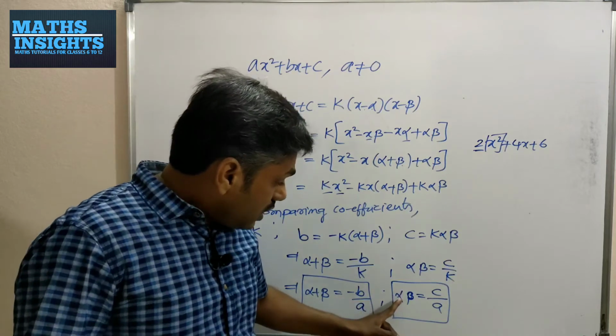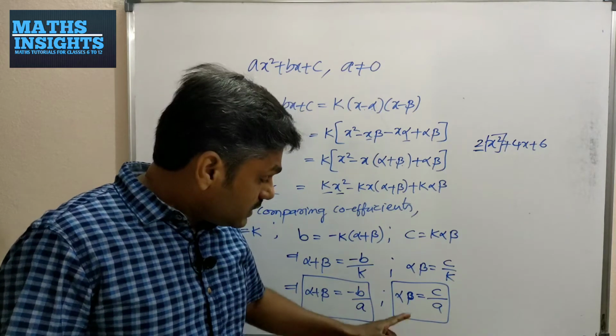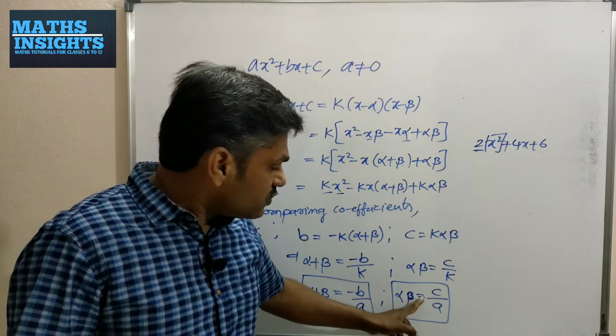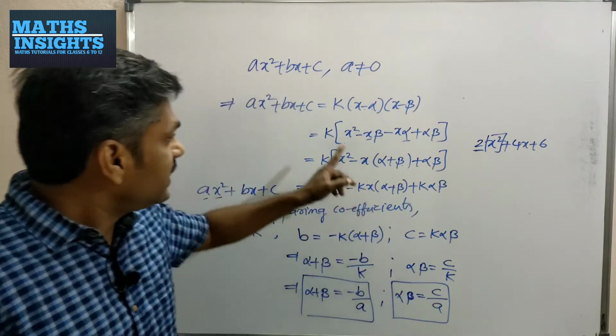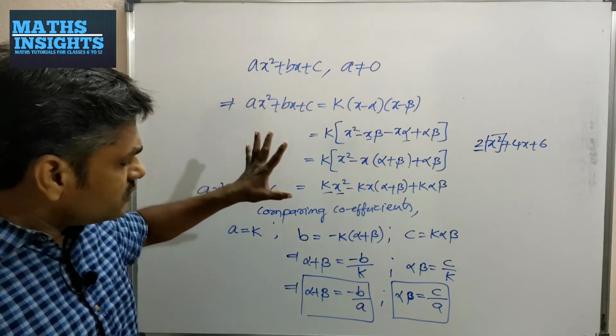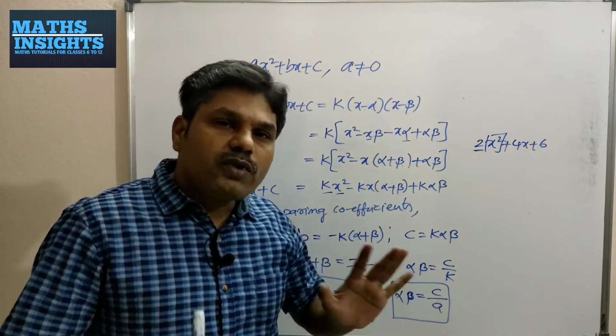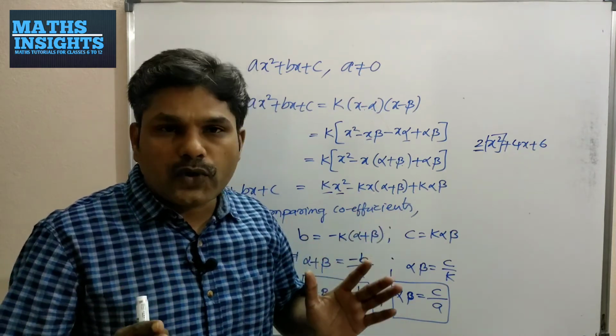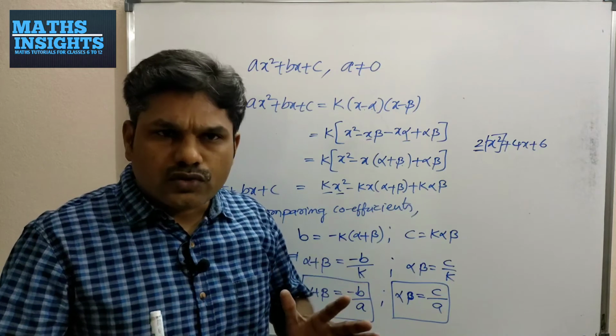And also alpha into beta, what is this? Product of zeros. Product of zeros is equal to c by a. C is the constant and a is the coefficient of x square. In this way, you may relate the coefficients of any quadratic polynomial with their zeros.